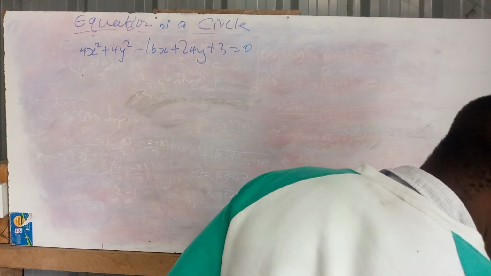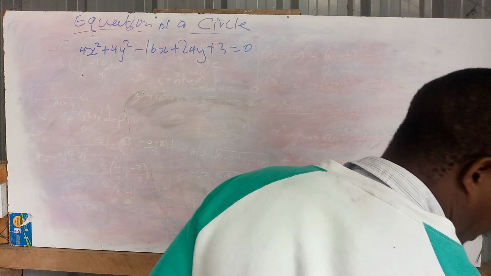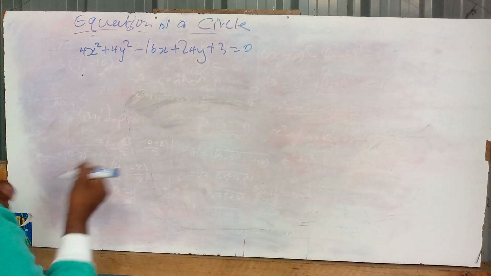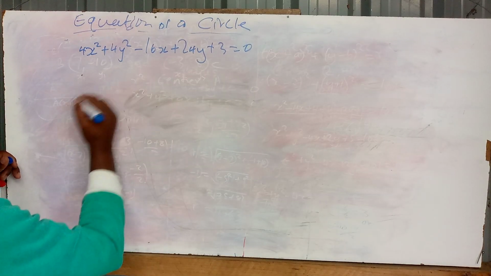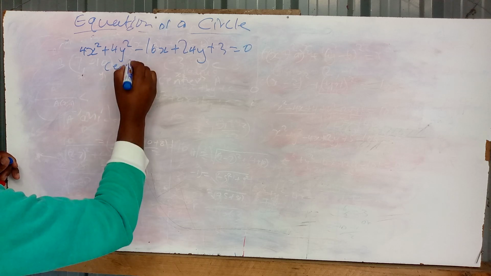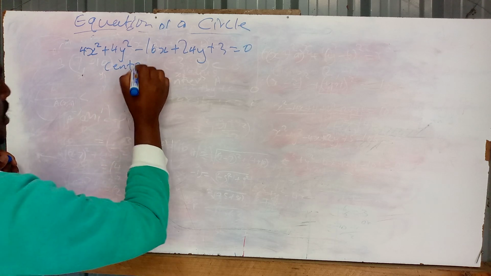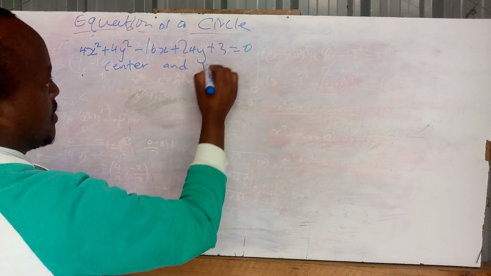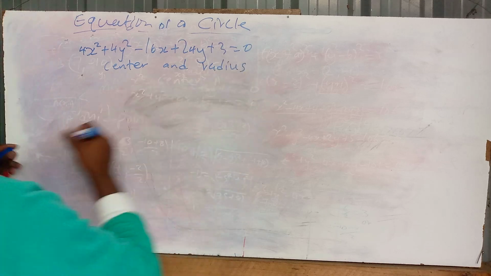Now the question is, find the center of the circle and the radius of the circle.